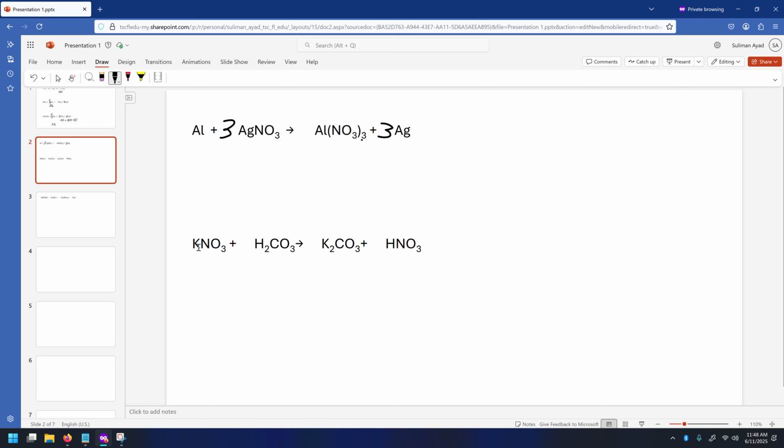Moving on to the next one, I have potassium nitrate and carbonic acid. Fun fact, carbonic acid spontaneously decomposes. It is not a particularly stable molecule. And when it decomposes through this equilibrium reaction, it becomes H2O and CO2.